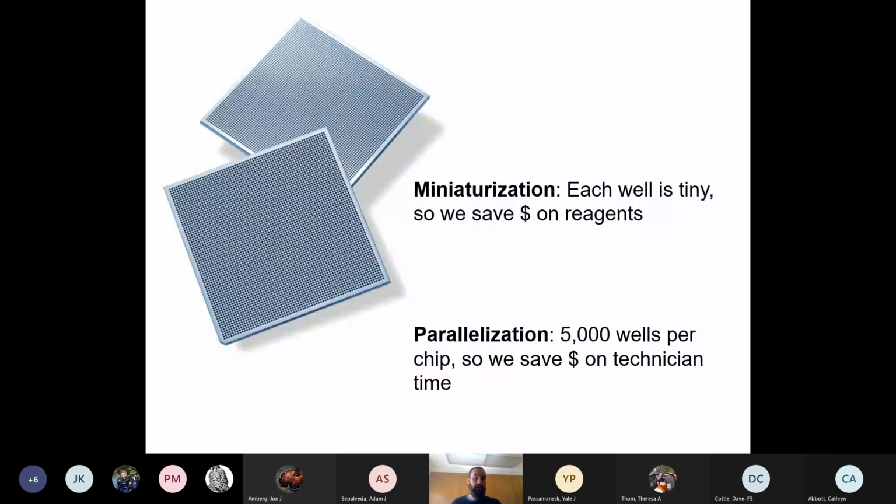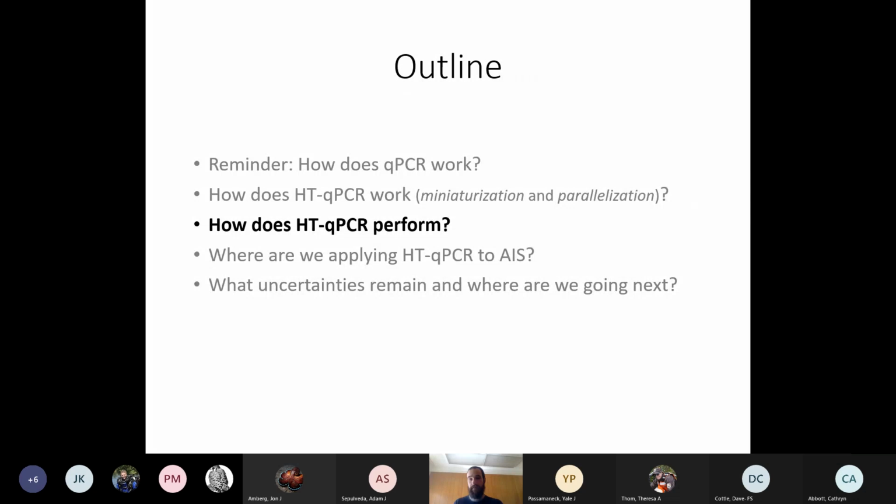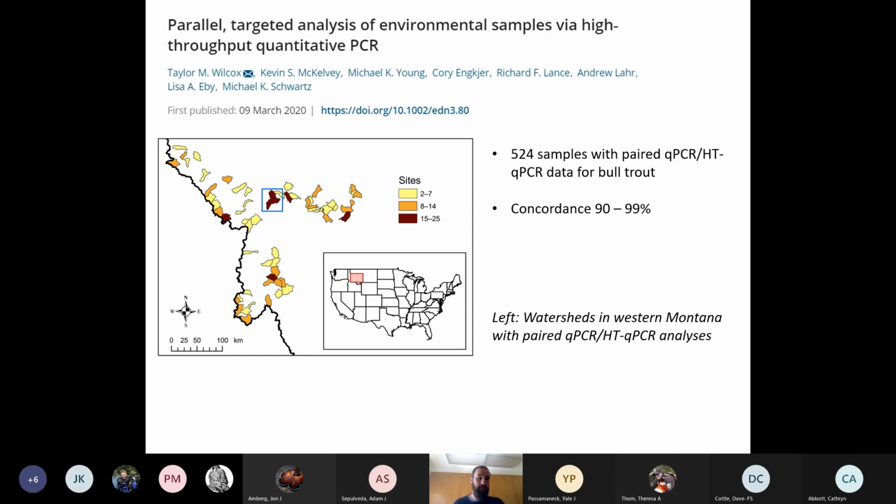All right, so we covered qPCR, and how high throughput qPCR is just taking qPCR and downsizing it through miniaturization and parallelization. Now we're going to look at some examples of how high throughput qPCR performs, benchmarked again against single species qPCR. So this is a published example that we did about 2 years ago. Here we took 524 samples from the range-wide bull trout eDNA project that had already been collected from across western Montana.